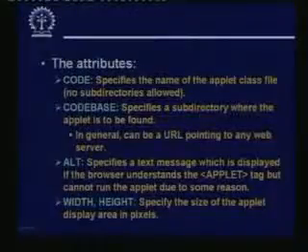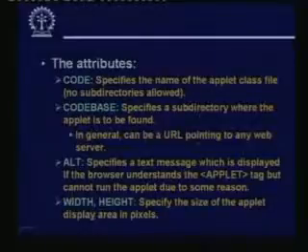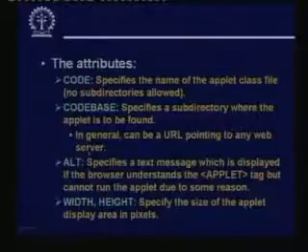So, in general this code base can be a URL pointing to any web server. Here there is a point you should remember: I am downloading an HTML file from a particular web server. In that HTML file, code base points to some other web server. No problem, I am allowed to download the Java applet from that other web server.